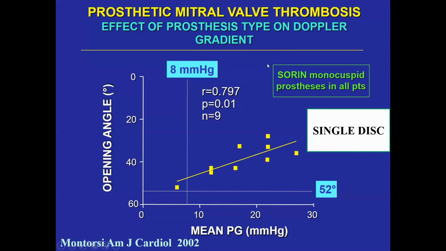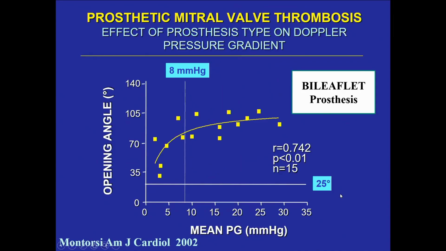And for this reason, we had clearly the demonstration that this does not occur in single disc, where there is a linear regression between the opening angle and the gradient, while in bileaflet prostheses, we may have cases in which the opening angle is clearly pathologic, but the gradient is normal.